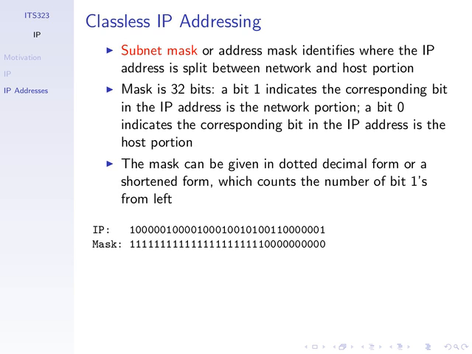With 22 bits for the host portion, there are 2 to the power of 22 possible different values. In theory, we could have a maximum of 2 to the power of 22 different hosts on that subnet.